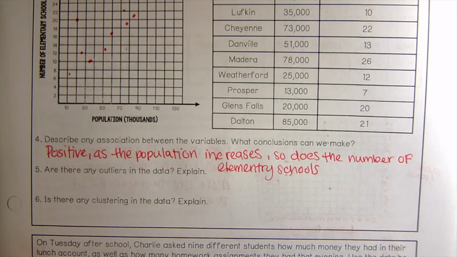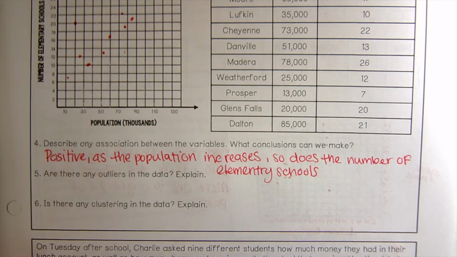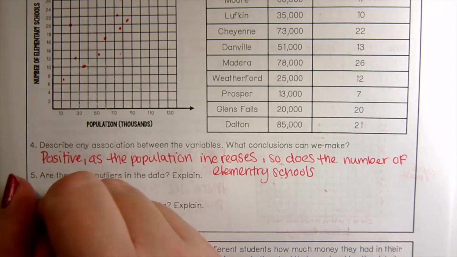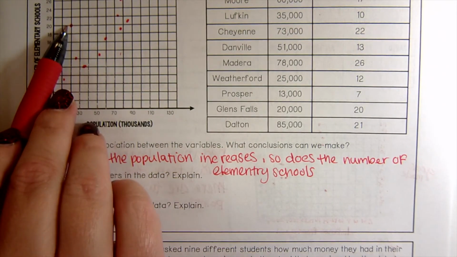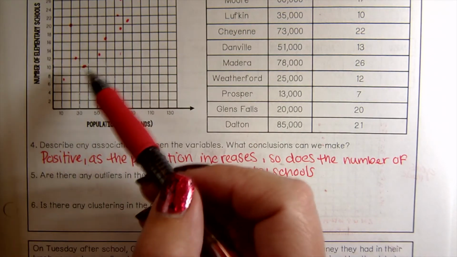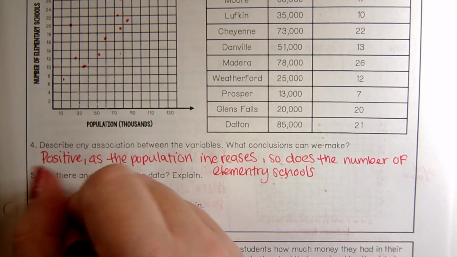Are there any outliers here? I heard a yes. Which one? Glen Falls, yeah. Glen Falls is way out here, while the rest of them are kind of all in this line. So the outlier would be Glen Falls.